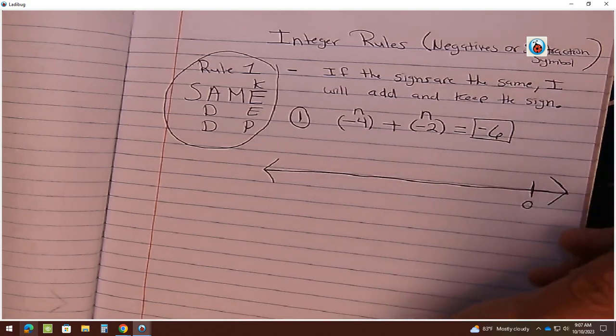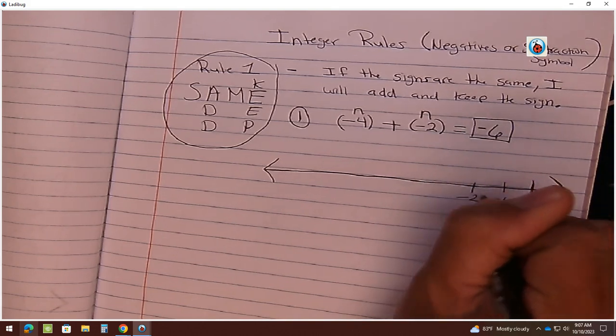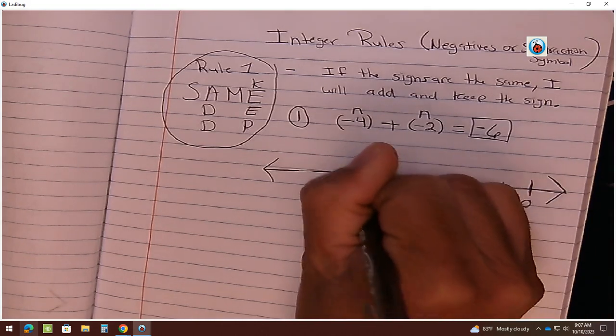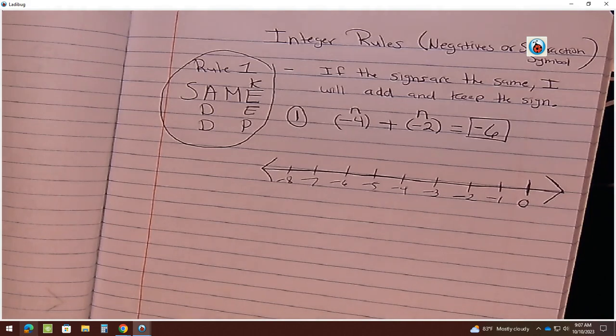They're all negatives. Now here, we're going to have to put -1, -2, -3, -4, -5, -6, at least to 8, it doesn't matter. Here we're not putting things in order, we're just using the number line to figure out why the answer is -6.